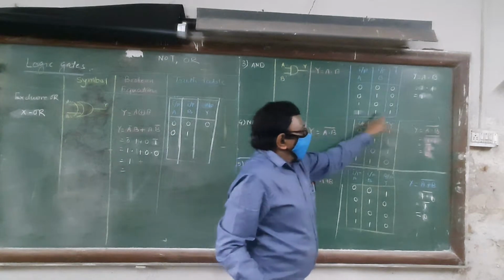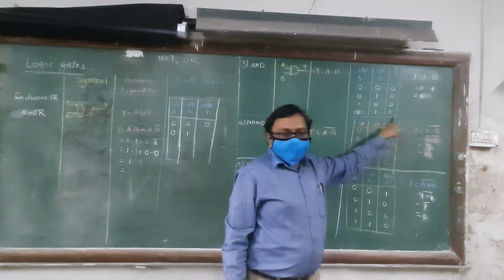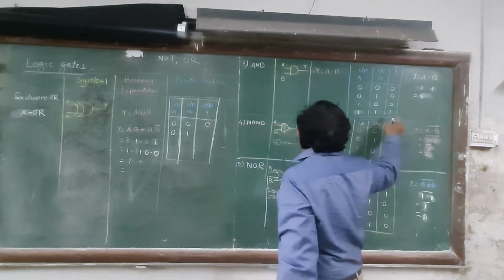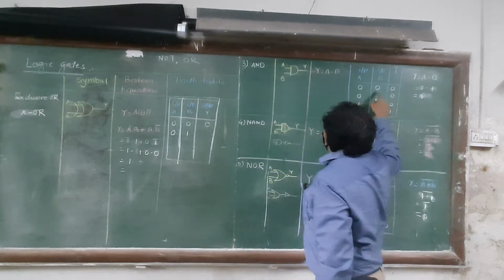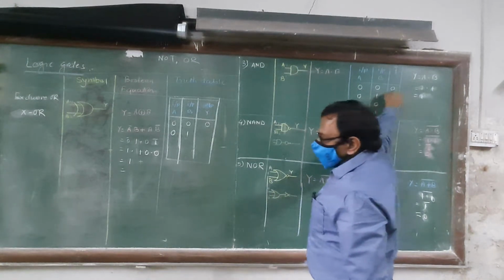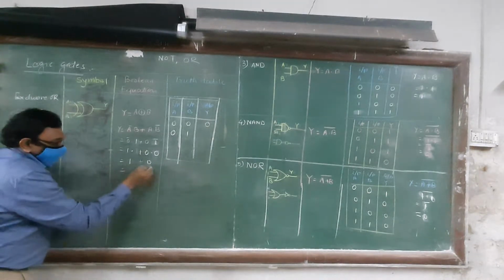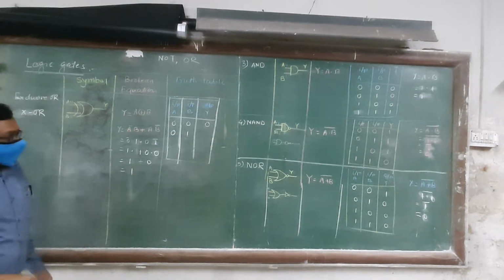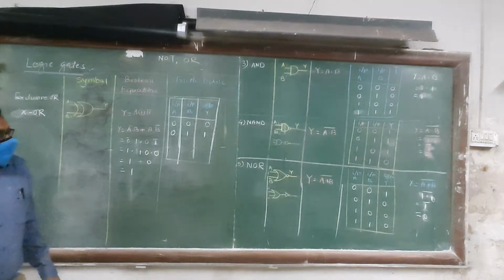That condition we discussed previously also. Now we substitute the values into this part: 0 and 0 becomes 0. Therefore, it is 0. 0 or 1 becomes 1. Similarly, here we write 1.